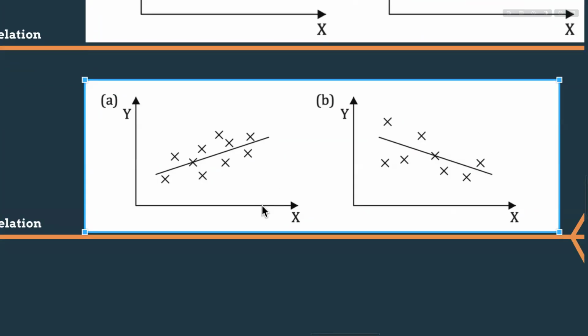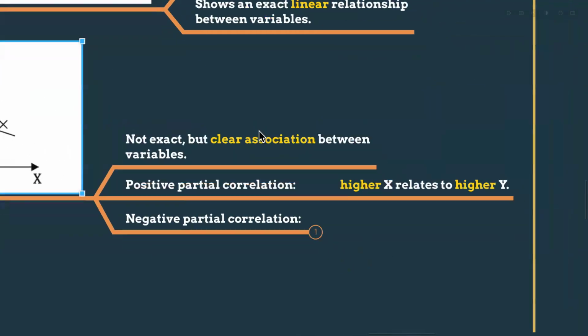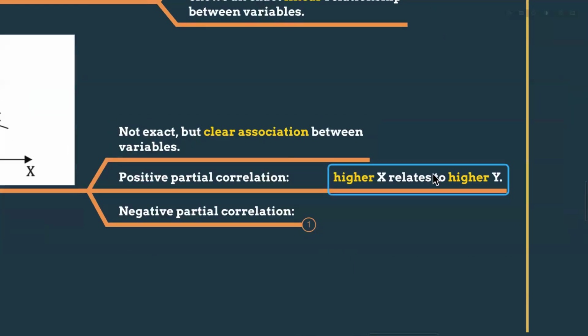If x is at the highest level, y we receive also at the highest level. The lower y is associated with the lower x. That's what is called a positive partial relationship. So higher x is related to higher y.